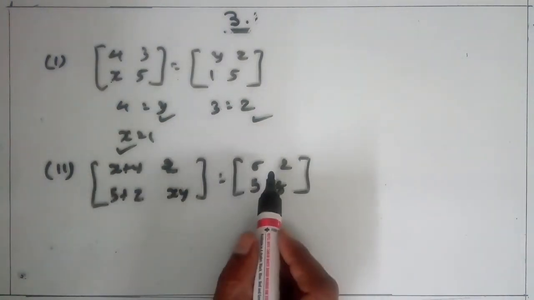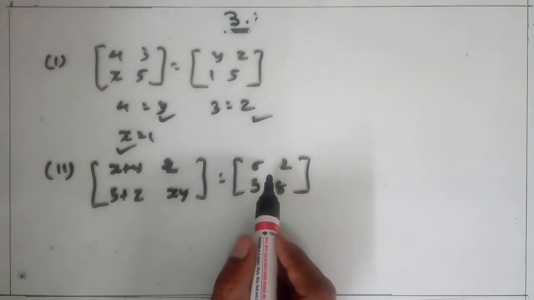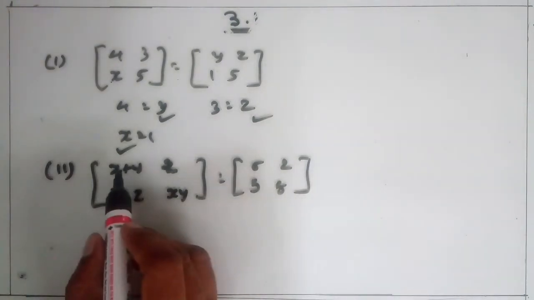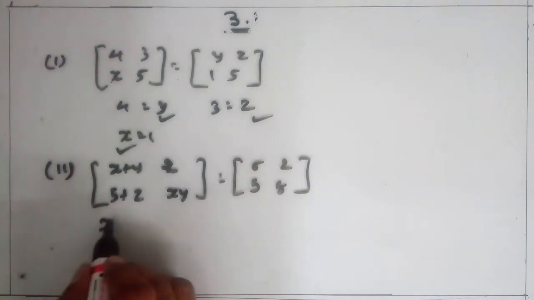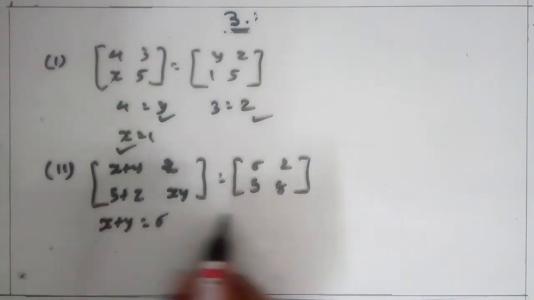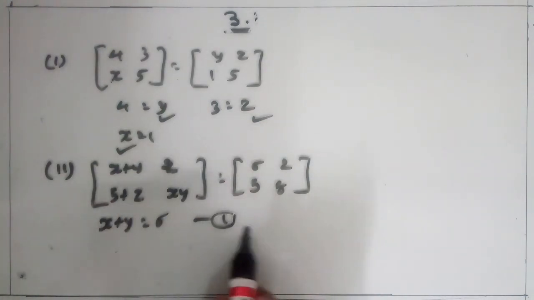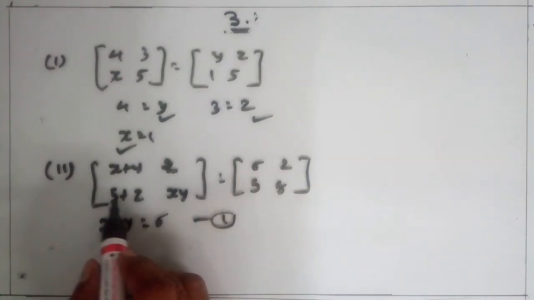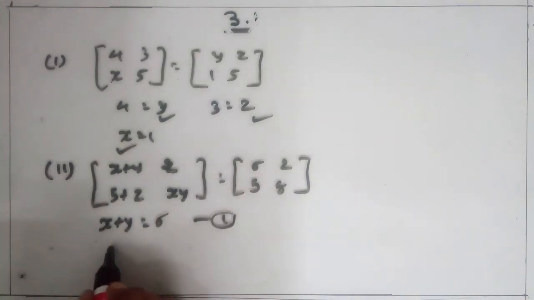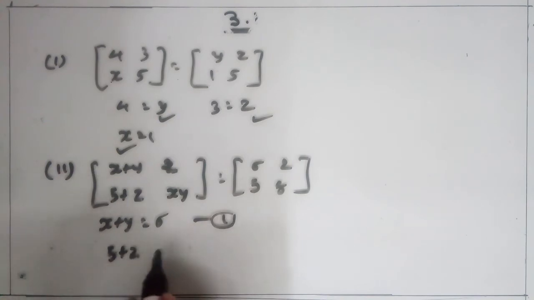Comparing corresponding entries of both matrices, x plus y is equal to 6. Take this as result number 1. 5 plus z is equal to 5. From this we get the value of z: z is equal to 0 directly.